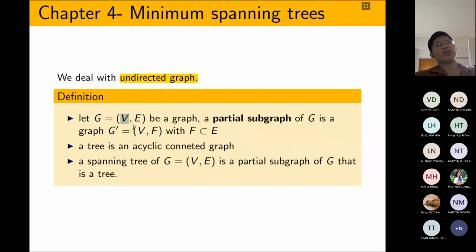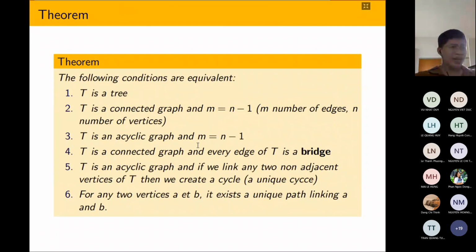This means we will not do anything with the vertices, but we have a new set of edges. F is a subset of E, means that we will just take some edges and use them in such a way that they link all the nodes together.